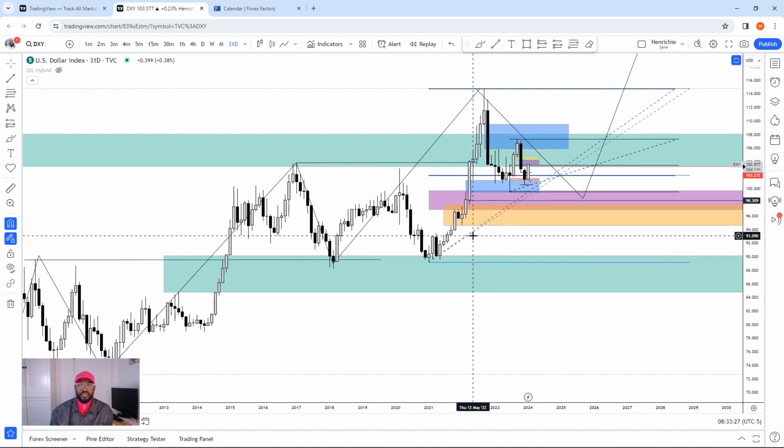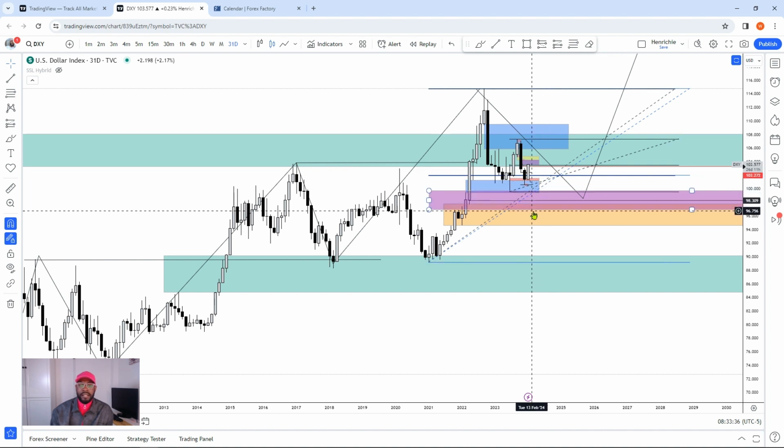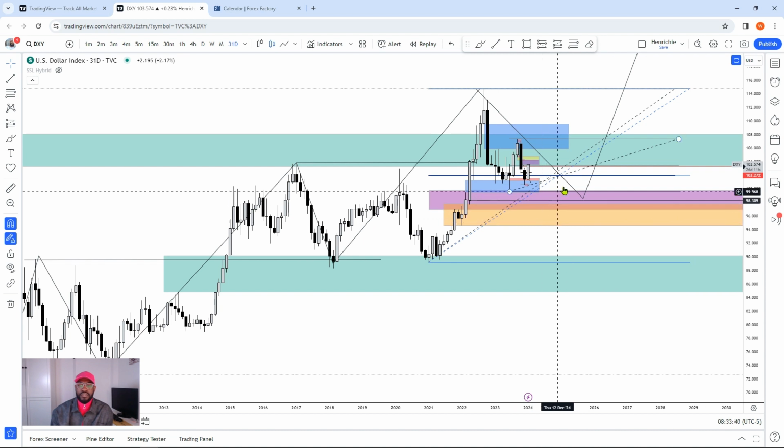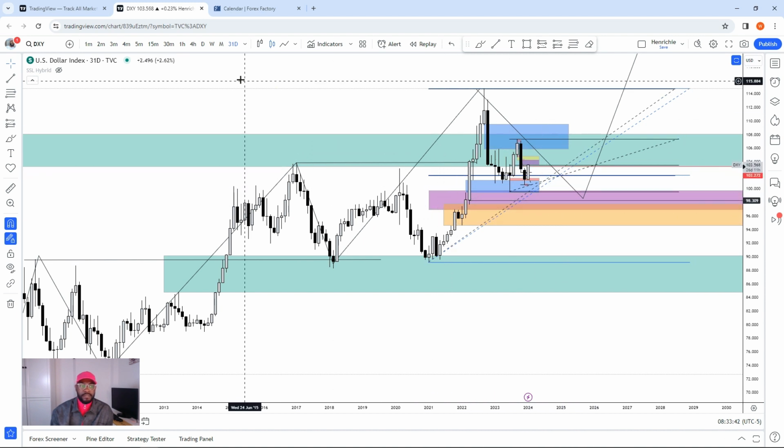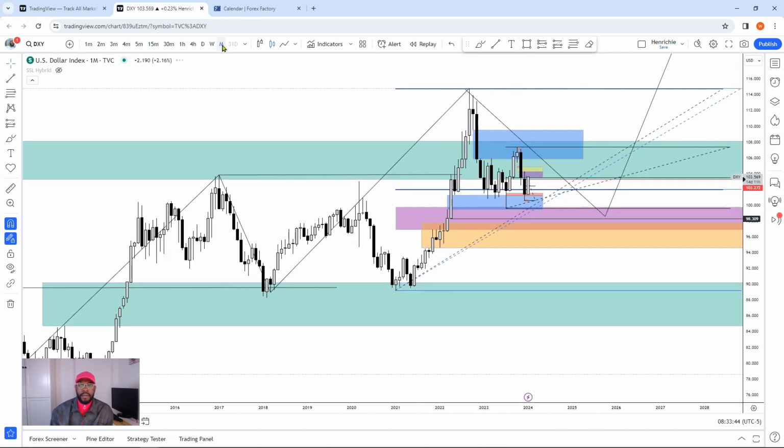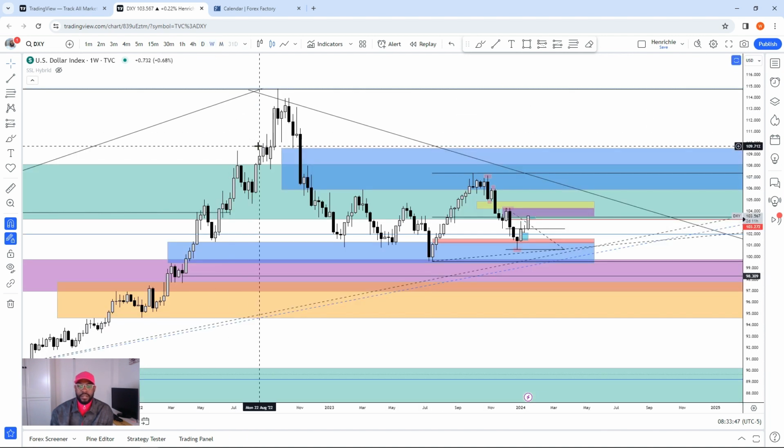So the overall market structure on the dollar remains bullish, but for intraday levels, all we're expecting to see is if the market should come to the downside, that could potentially present an opportunity to accumulate long positions on the USD XXX pairs.